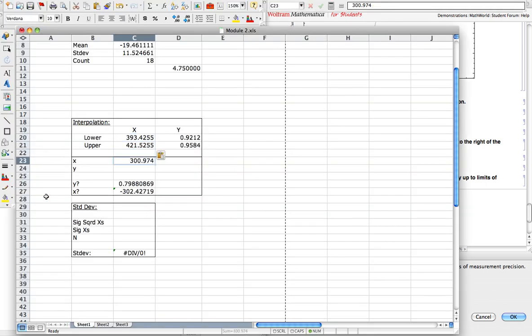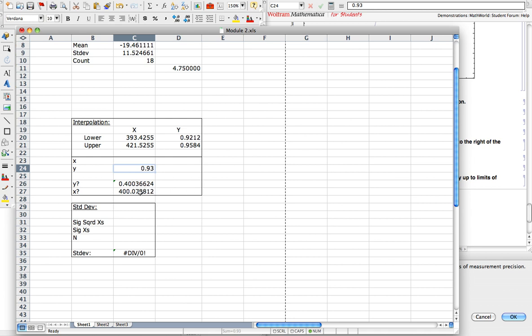Now I've been given my y value, and don't forget to convert the percentile value into the proper format. I didn't put in 93.0, I put in 0.93 because this is the way I recorded my y coordinates. If I had converted these into percentages, then I would be able to use a percentage here as well.